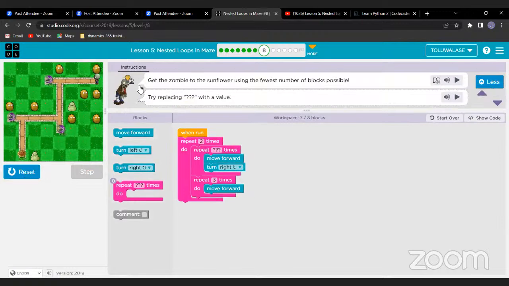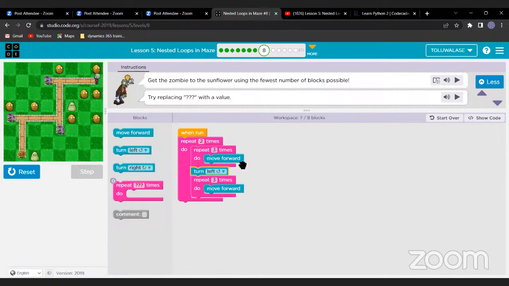Okay, so we have to do this. You know the one that says question marks? Change that to 3. And then inside that 3, remove the turn right. And then put turn left under, but not down. Put the turn left down. Yes, there.